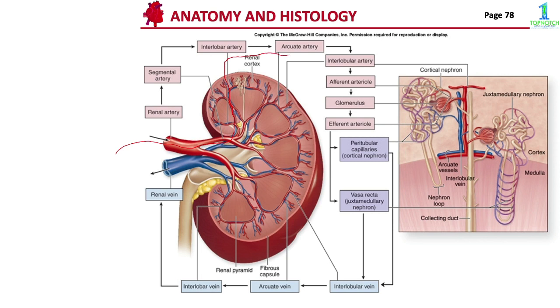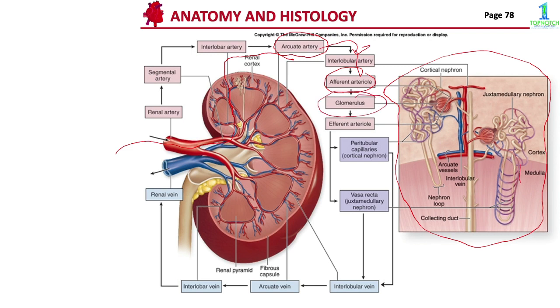As it arches over the renal papilla, it's now called your arcuate artery, and that same artery will further subdivide into interlobular and finally an afferent arteriole that, as you would remember, is part of the whole glomerular complex. It is the actual unit involved in the filtration of the blood via your glomerulus.